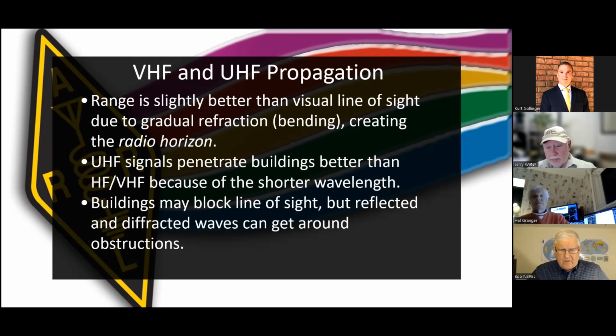Now, if you're up on a building, all of a sudden your visual horizon is quite a bit further. Okay, and that principle works for your radio, because again, what we're talking about is how high is your antenna.